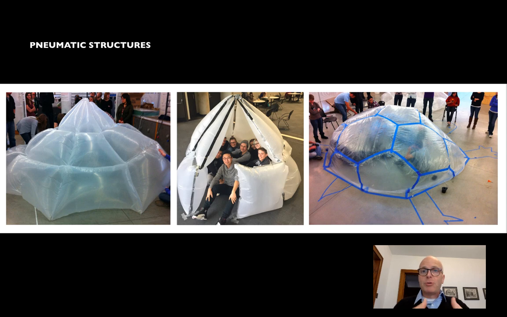We're going to put so much tension into the membrane that no matter what load we put on it, whether it's a gravity load or a wind load or an uplift load, part of that membrane is always going to be in tension. And it's never going to go into compression, even in situations where it might look like that. The energy that we're putting in, in the form of pressurized air, is going to make sure that membrane never leaves the state of tension.